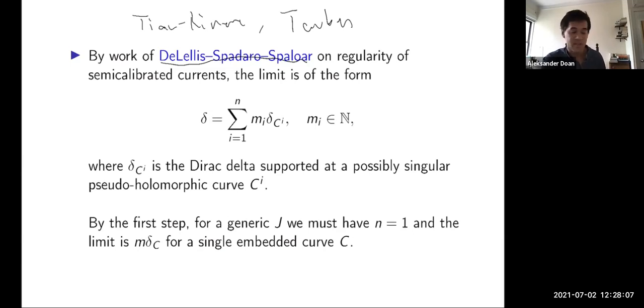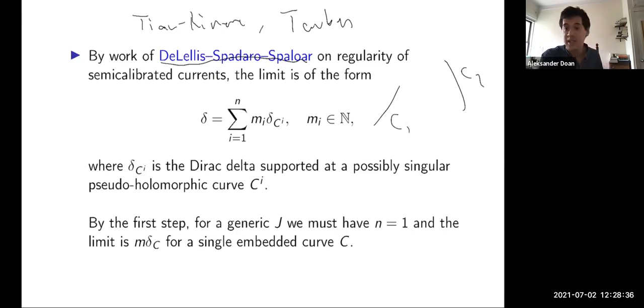And moreover, since they have disjoint images, and the support of this current must be connected, it follows that there must be only one component. Because if there were two, right? So C1 and C2, this current will have disconnected support, but it's a limit of currents with connected support.